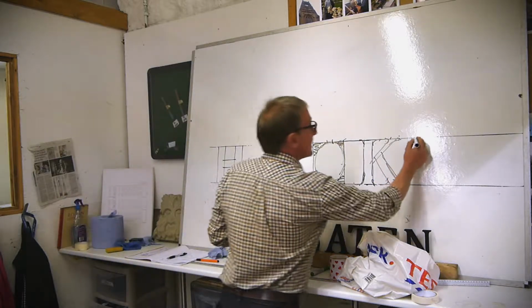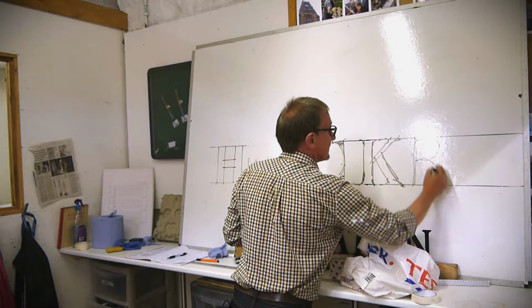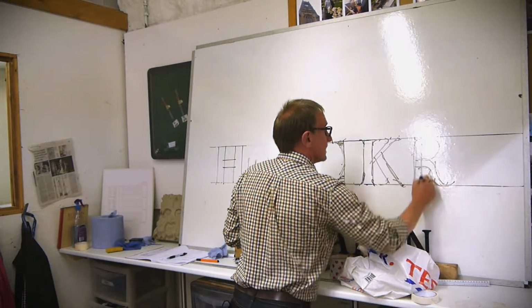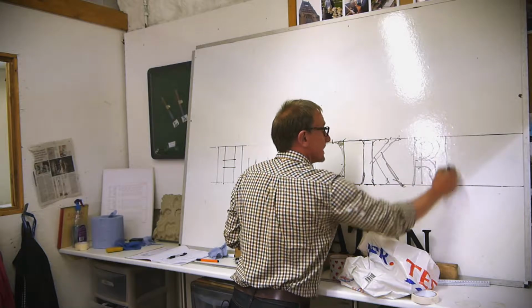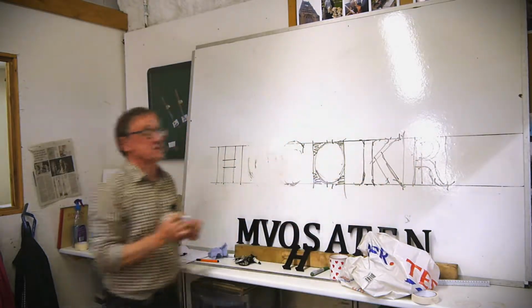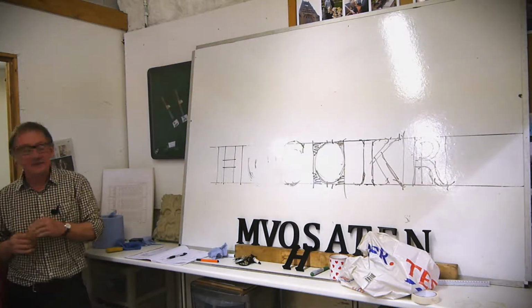And same with the letter R. This curve here tends to sit out here, like that does. So you get that strength in it, so it looks like it's supported on that baseline and that it's actually quite strong.